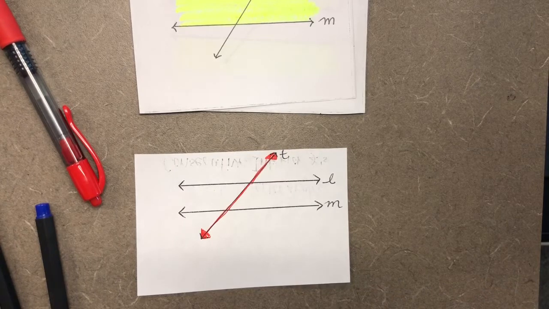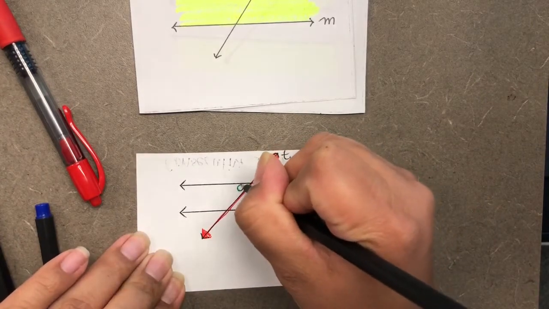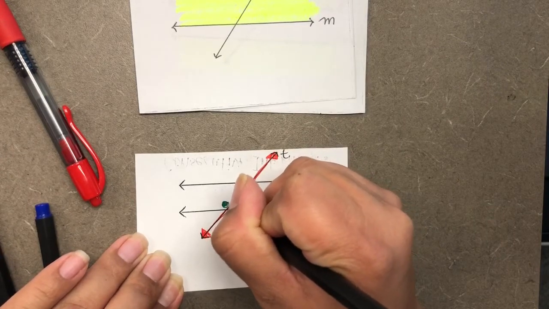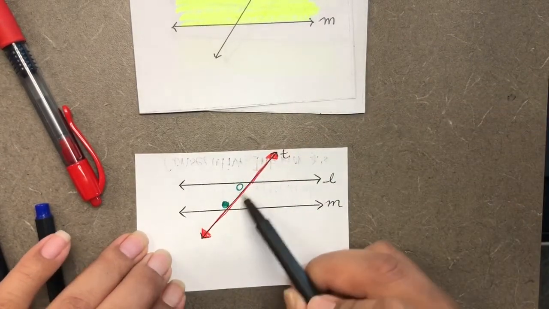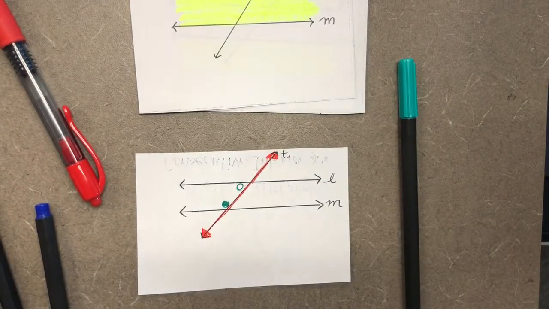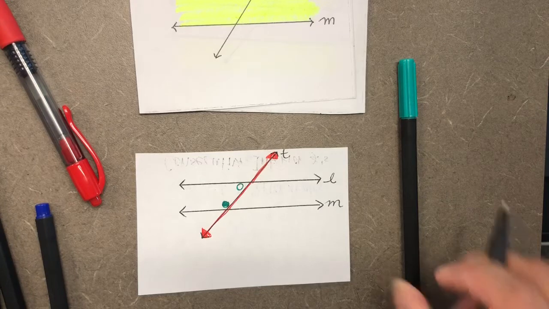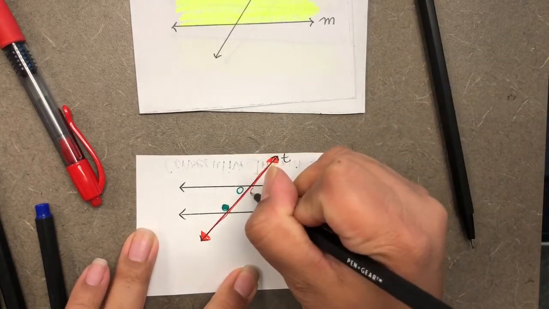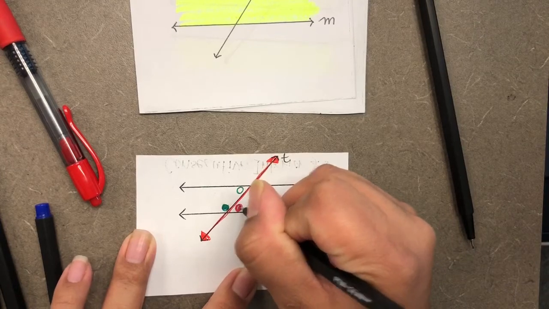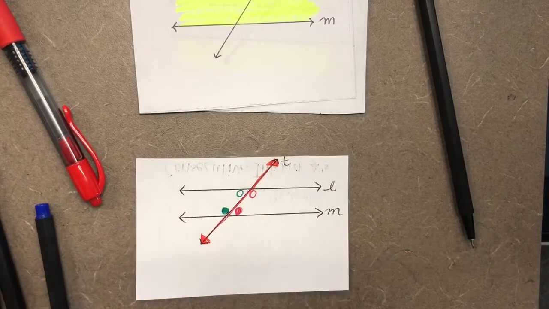So same side interior. I'm going to have a green circle that's empty and a green circle that is filled. They are same side interior angles. On the other side, I'm going to have the same open circle and a closed circle. Now the relationship between these is supplementary.